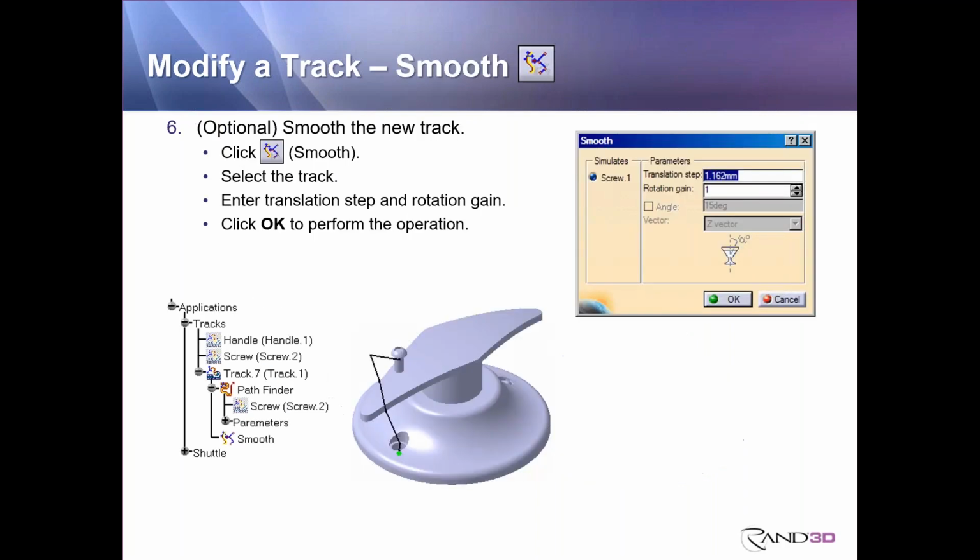Now, the last step here, which is optional, is that you can take those paths and you can smooth them. When you smooth them, you are going to specify once again a translation step size. So that's the size that it's moving along that path. And the smaller the value, the longer it'll take to run, but the closer it'll stay to the original track that it created.